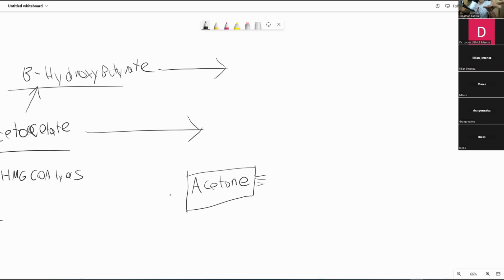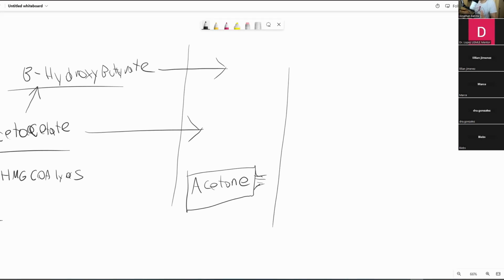It kind of smells like nail polish remover. But for question purposes, you'll see that they describe it as a fruity odor. And this gets eliminated by the respiratory tract. This can happen when spontaneous decarboxylation occurs, all right?